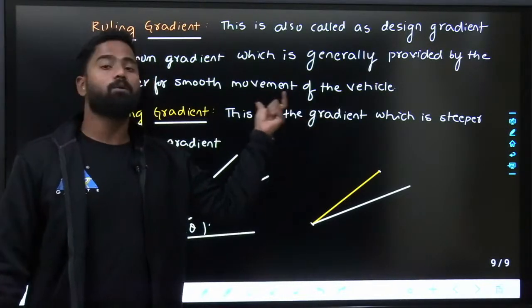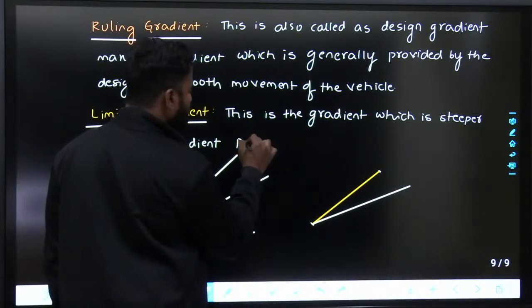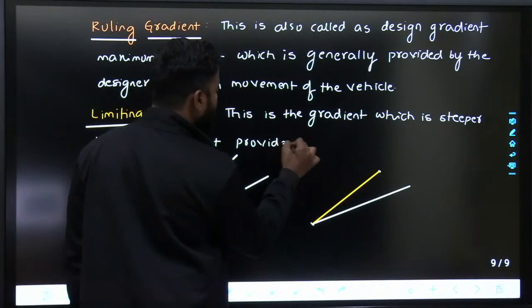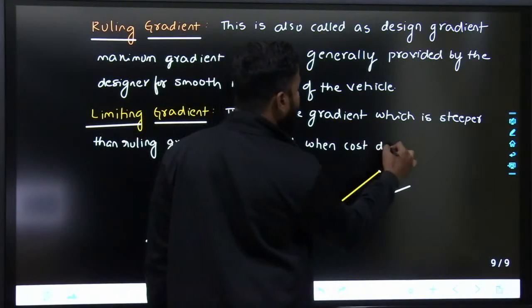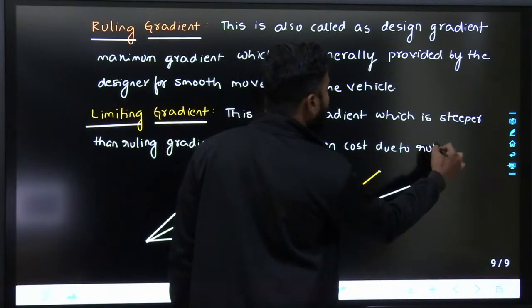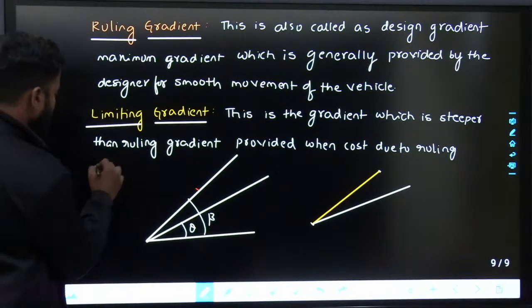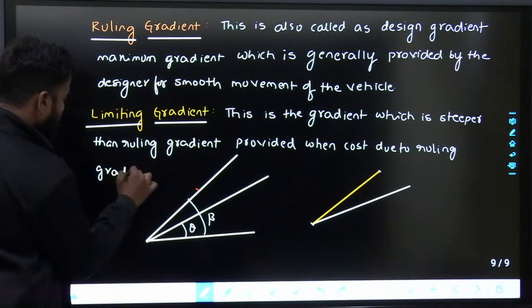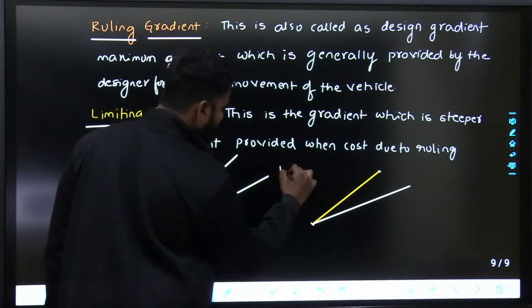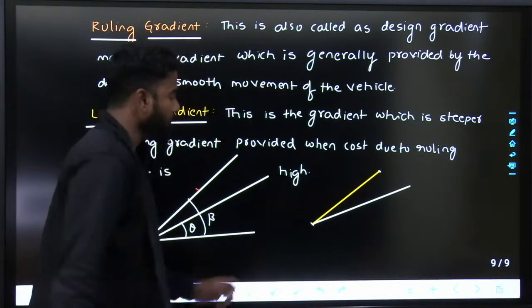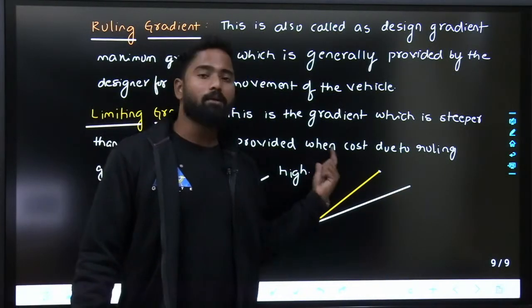It is provided when the cost due to ruling gradient is high.